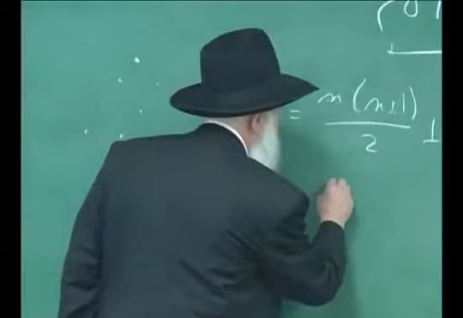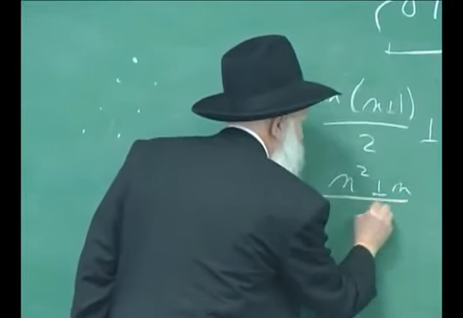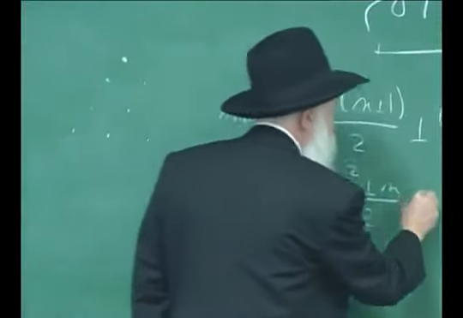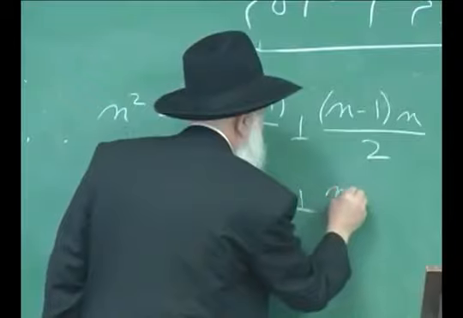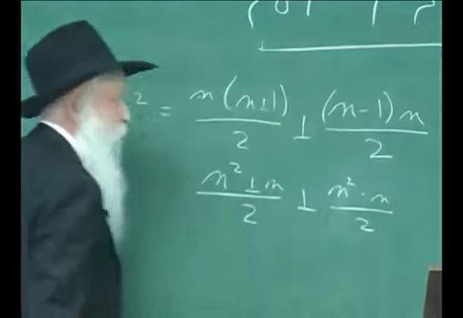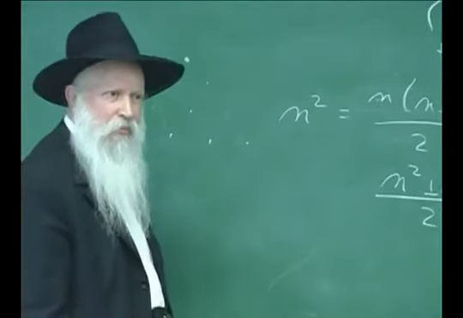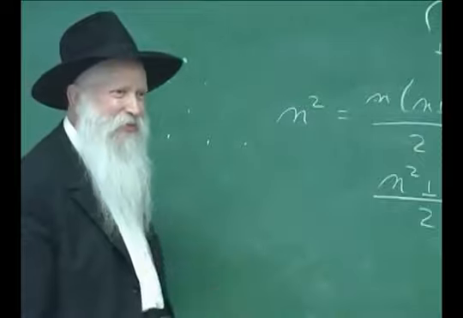All right, trivial properties. N squared plus n over 2. And this is n squared minus n over 2. Right? If you haven't learned this yet, you just believe.